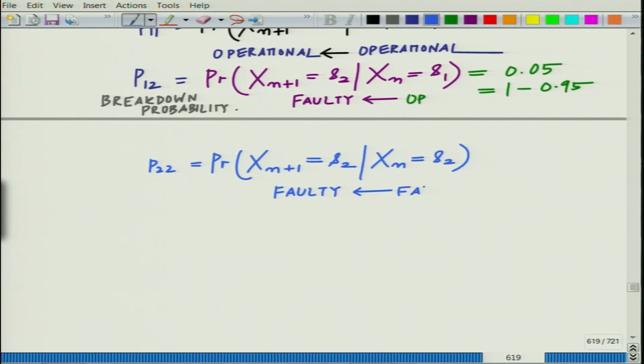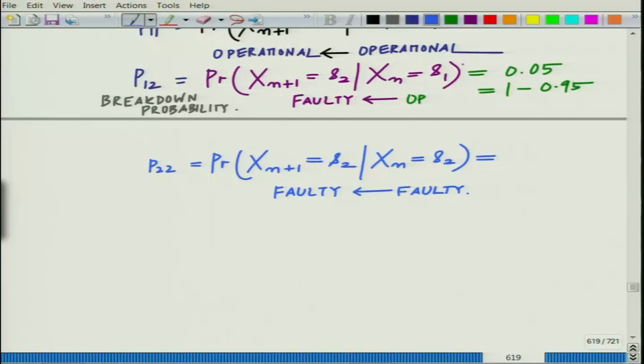So, it is faulty at the beginning of the hour and it continues to be faulty, that is there is no repair. There is a certain probability with which it cannot be repaired in that hour, and let us say that probability is 0.10.